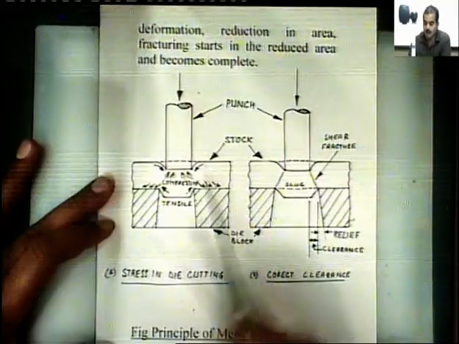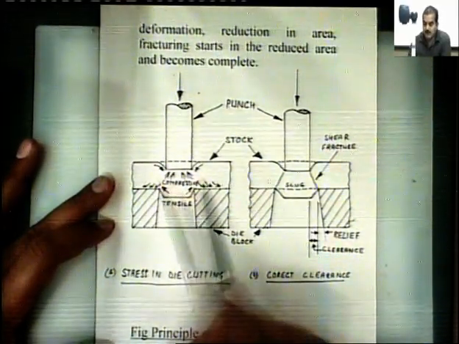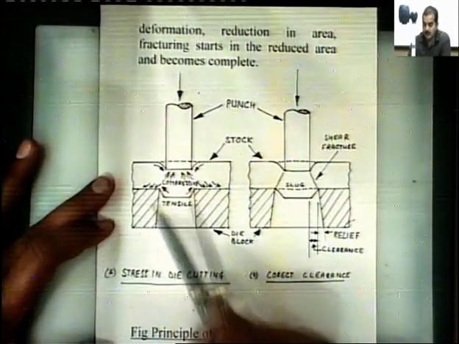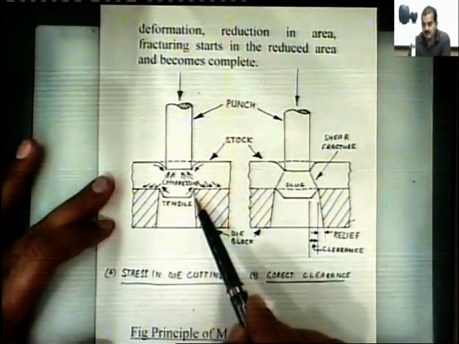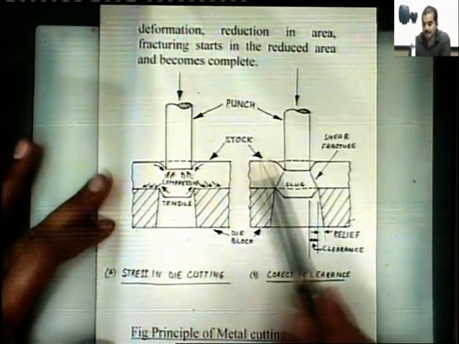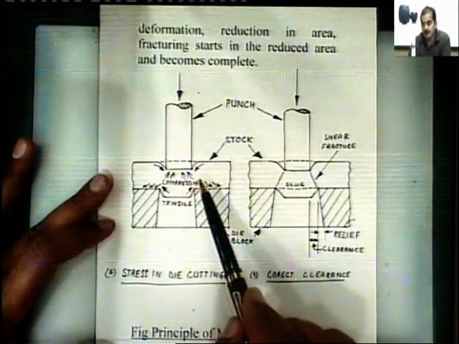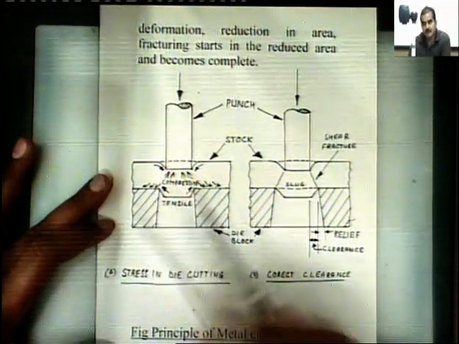Two types of stresses are produced in the work material: on the outer side they are tensile, and on the inner side they are compressive. Maximum tension or compression occurs at the edges.